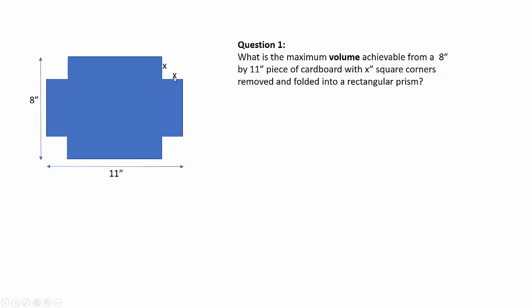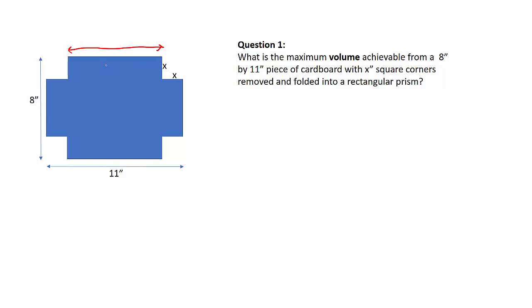But remember, we cut this square out of every corner. So we actually need to label some more dimensions on the screen. We need to know what this side here is. That's the 11-inch side, but this piece here was cut off, and this piece here was cut off.